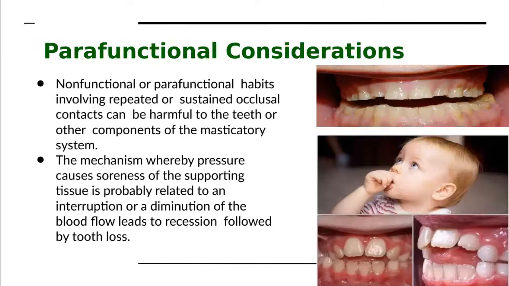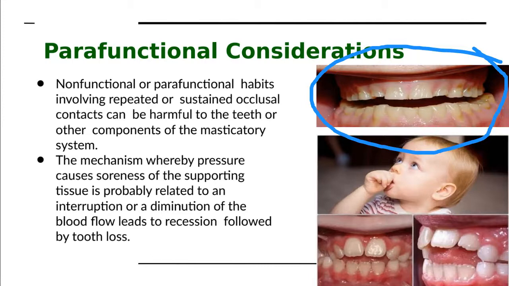Next one is the parafunctional habits. When you see this photograph here, it is a photograph of bruxism. Bruxism is a parafunctional habit where the patient, because of stress or other habits, keeps involuntarily grinding their teeth.